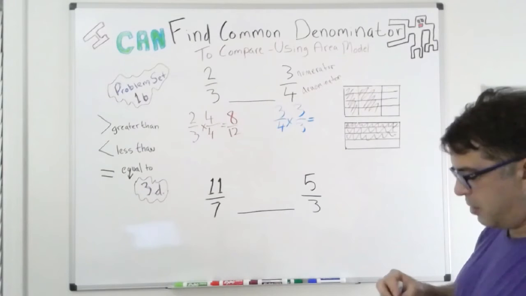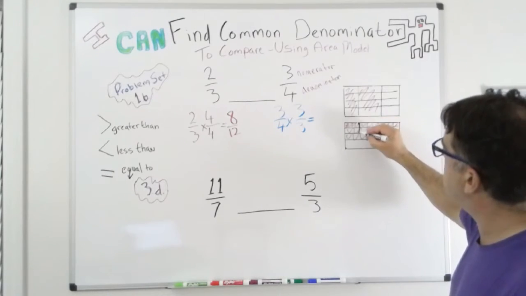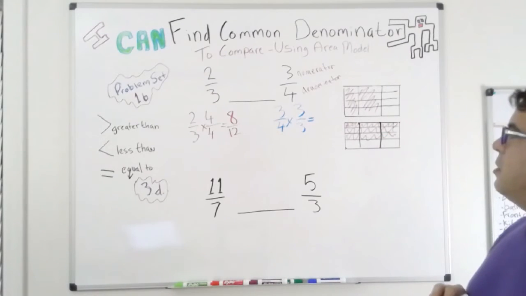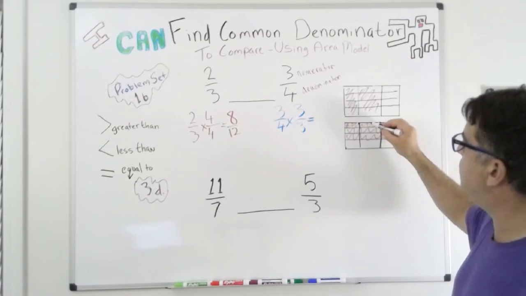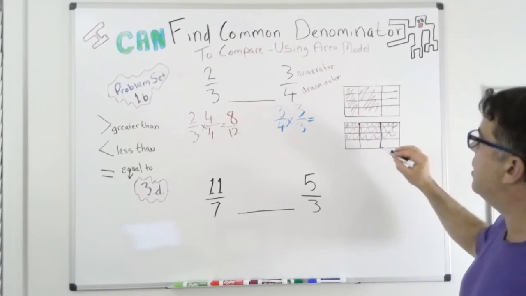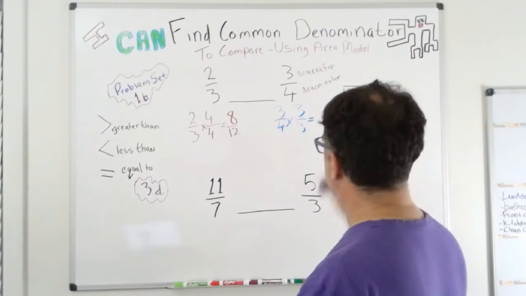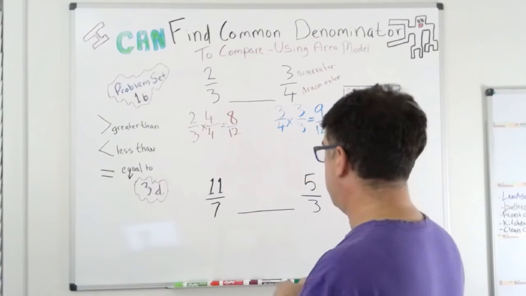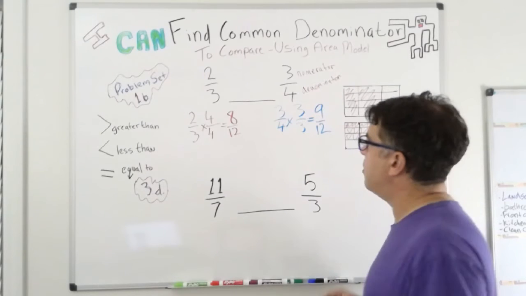So let's go ahead and divide it right now into 3, like this. So now I can count my new fraction. Instead of 3/4, now I have 1, 2, 3, 4, 5, 6, 7, 8, 9. Now I have 9 out of 12 altogether. So that becomes 9/12.